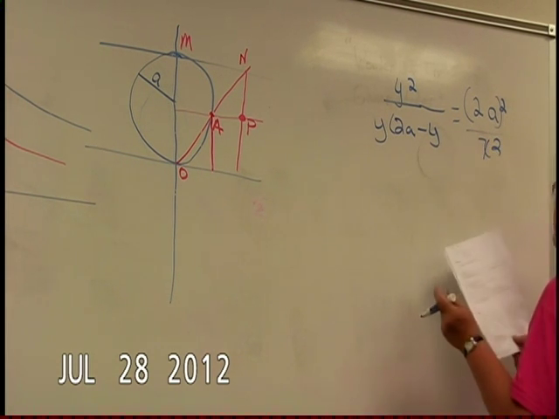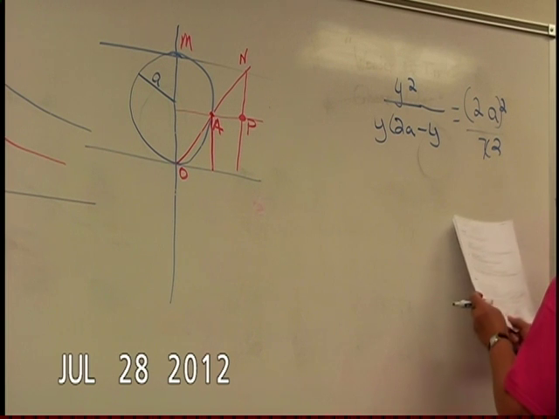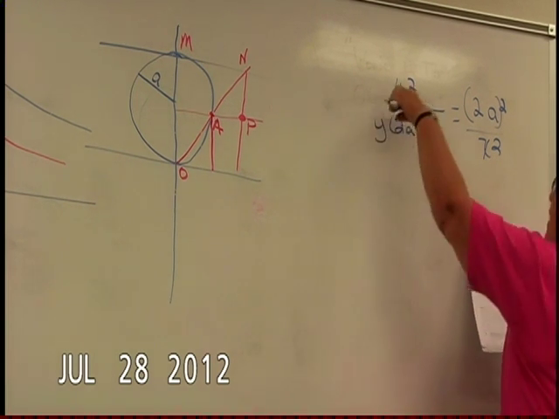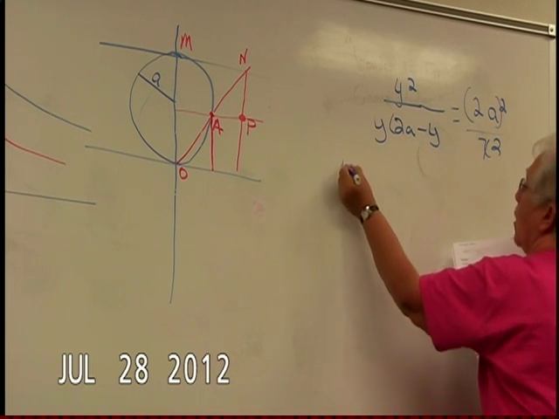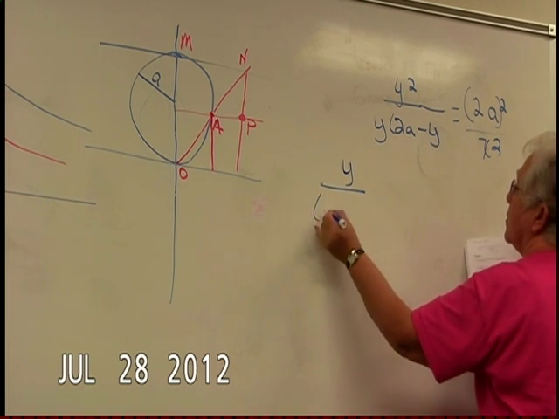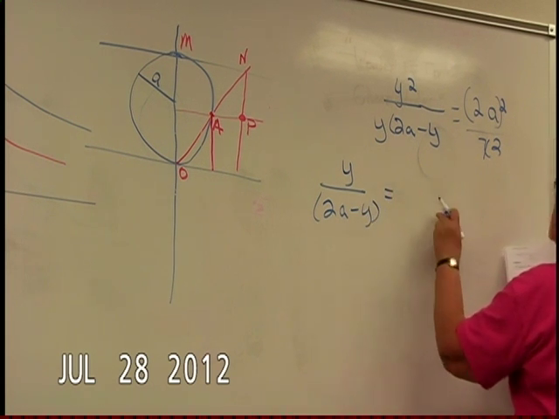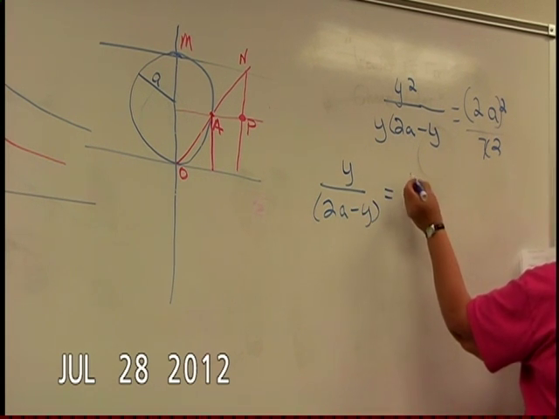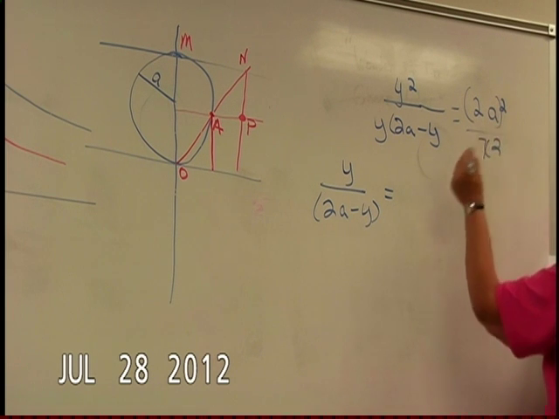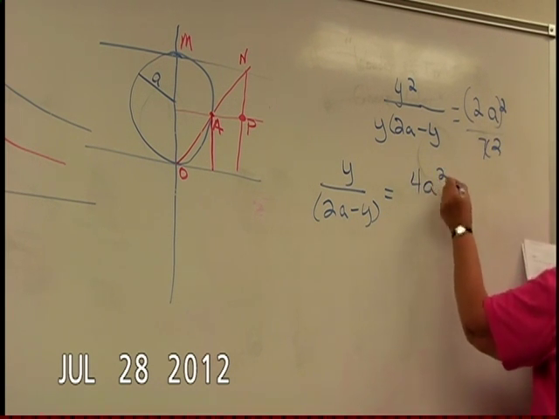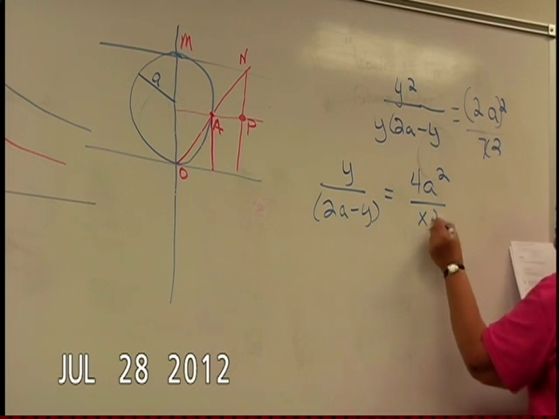Once I have done this, I can divide out a y so that I get y over 2a minus y equals 2a squared, the quantity squared is 4a squared over x squared.